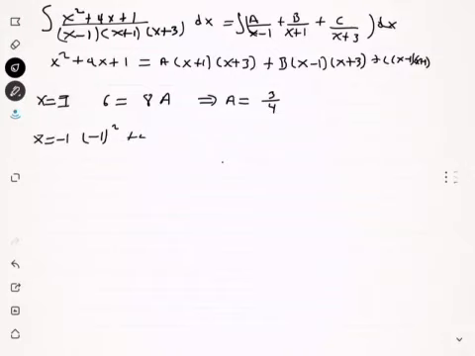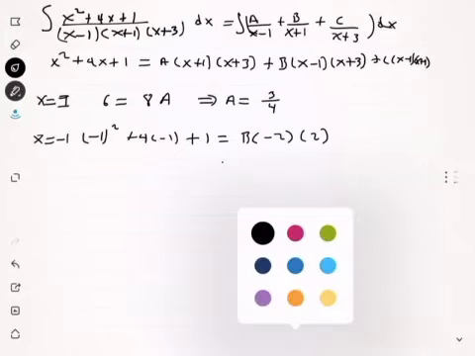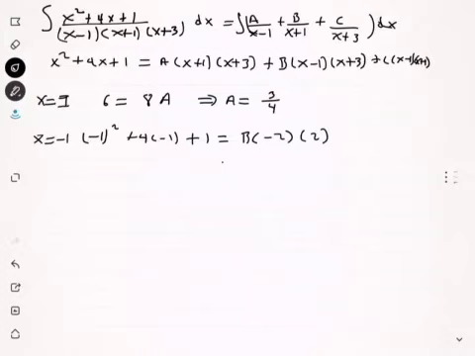Minus 1 squared plus 4 times minus 1 plus 1 on the left hand side, and on the right hand side we just have b times minus 2 times 2, and this side will give us minus 4 plus 2, so minus 2, and then minus 4b, and then this gives us b equals 1/2.